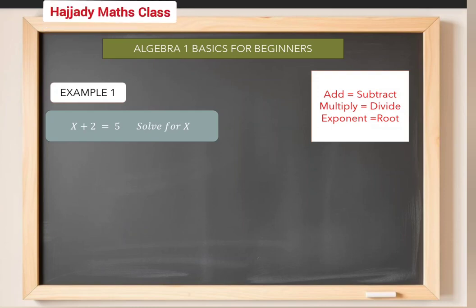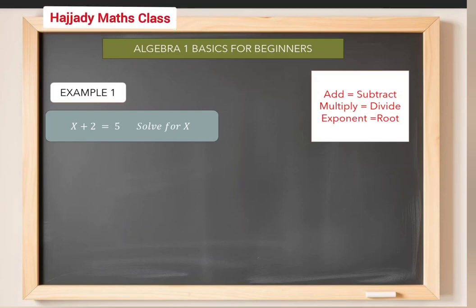If the variable x has an addition sign separating it from the other value, then we need to introduce the inverse, which is subtraction. If it is multiplication, then we introduce division. And lastly, if we have an exponent, then we can introduce square roots and vice versa.